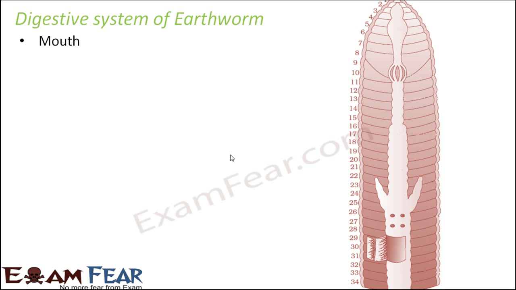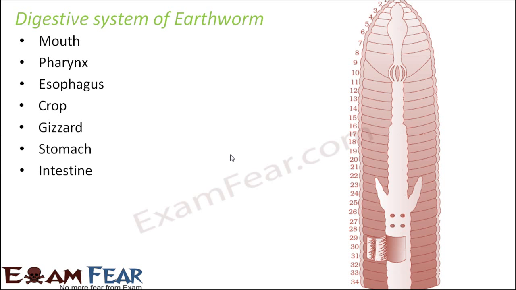So these are the organs which together form the digestive system: mouth, pharynx, esophagus, crop, gizzard, stomach, intestine, typhlosole, and anus. Now out of these there are many organs which you already know.